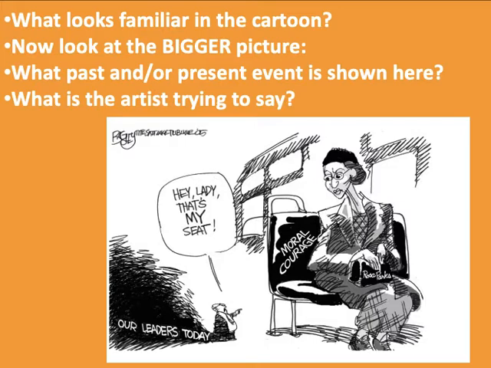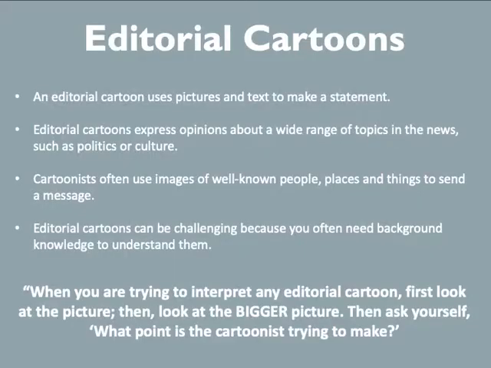And as we're looking at this cartoon, we know that the illustrator, the author of this cartoon, is trying to show an injustice that has happened, and they're depicting it by using pictures and words to show this. What we would call that is an editorial cartoon.